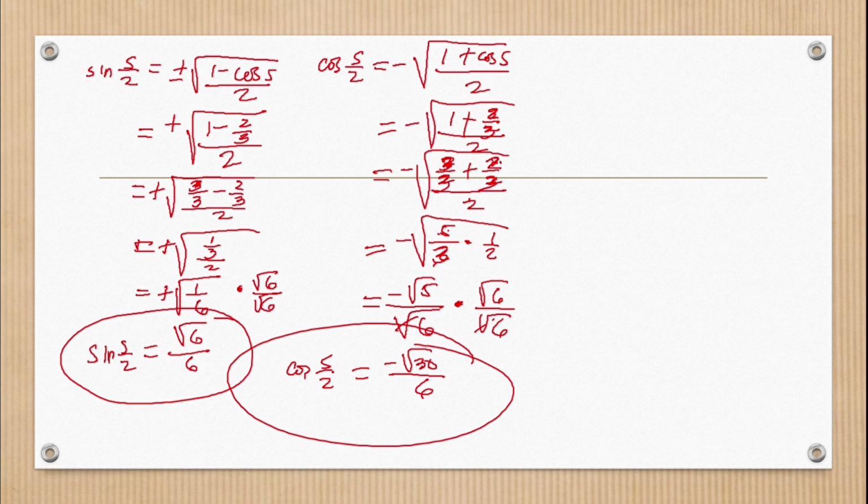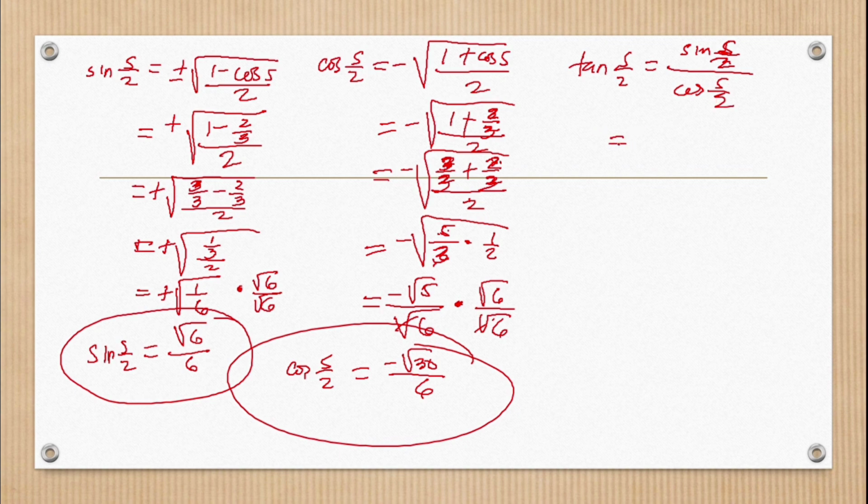Now we are in tangent. So tangent s over 2 is equal to sine s over 2 over cosine s over 2.